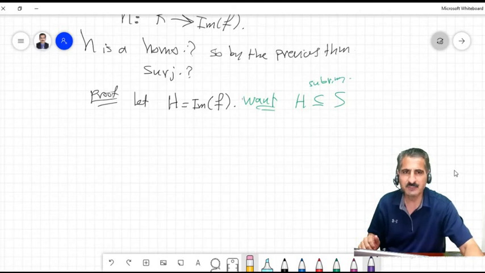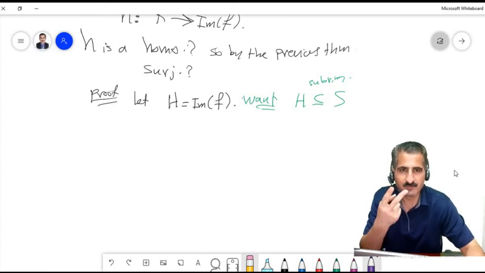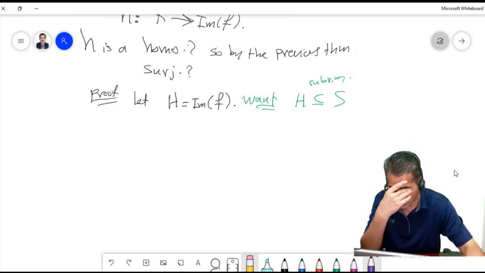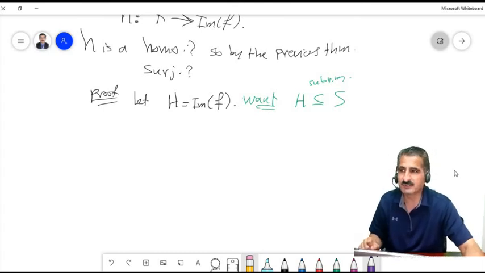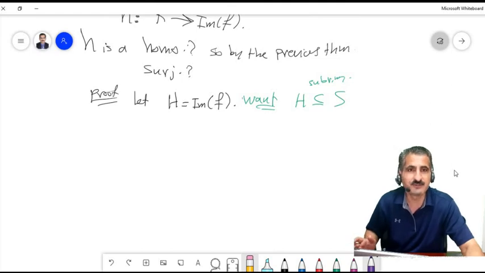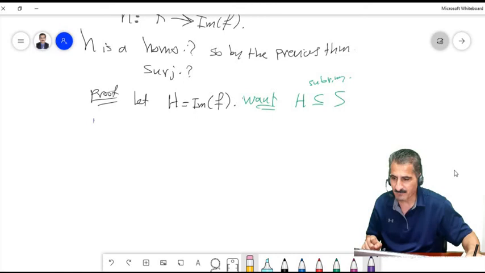What do we need for a subring? Do we remember last time we need two axioms? If we have two elements in that subset, then we show their subtraction and their addition is in there, right? Subtraction and multiplication. So let a, b belong to the image of f, which is H.